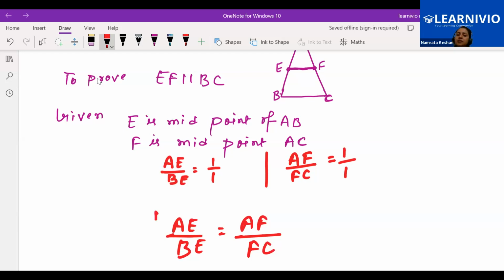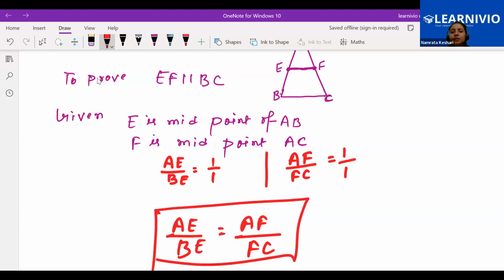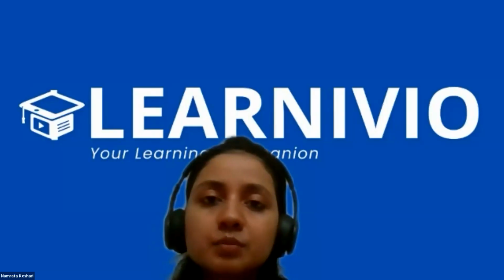And since both are the same, then by the converse of the basic proportionality theorem, can we say that EF and BC are parallel to each other? Yes. Everyone is getting it? Harshit, Maha, Ziana, Galvin, Aisha, are you getting it? Yes, ma'am. Okay, so it's that simple.